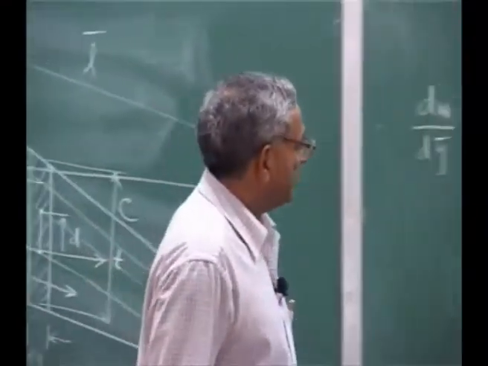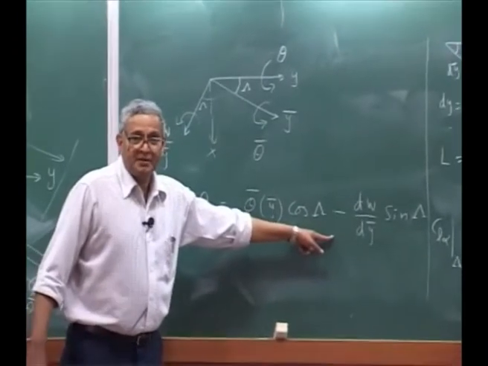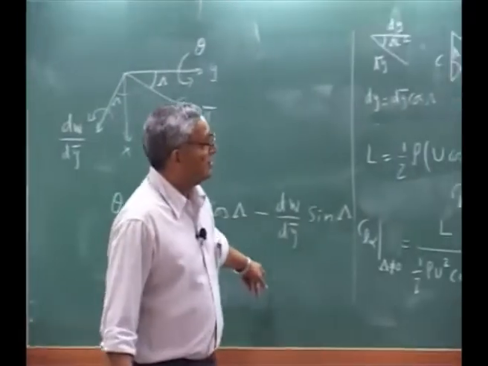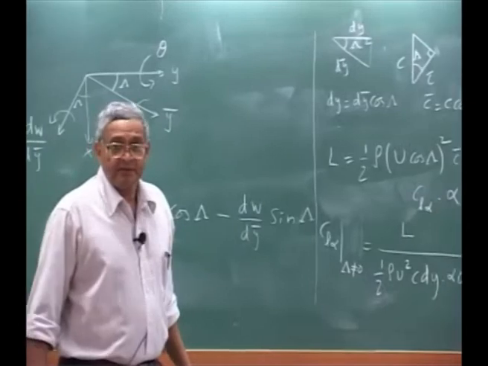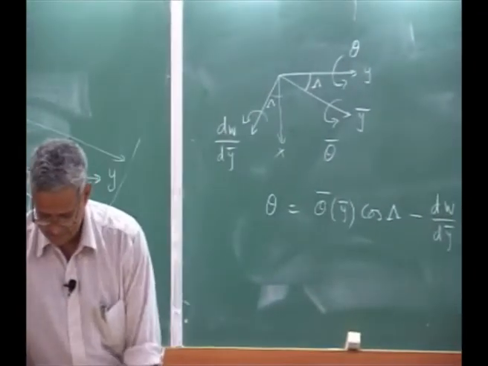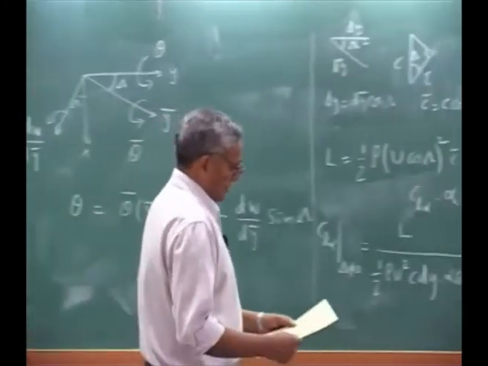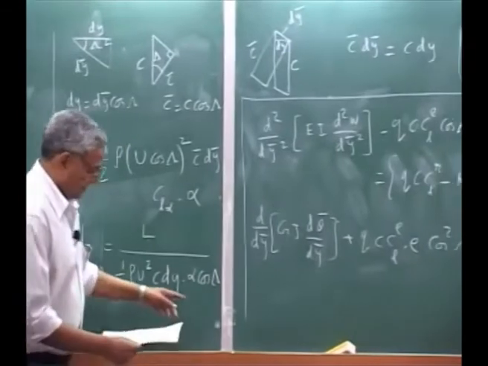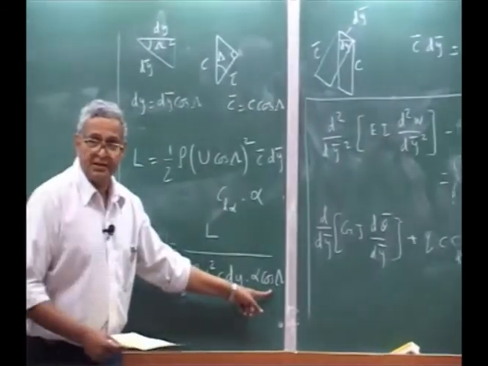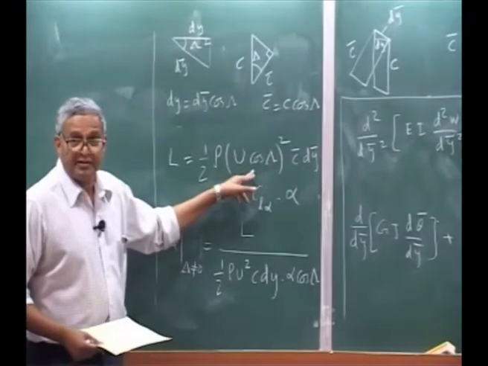Now what you have to do is, I know my theta. So in the equation, is it 1 over cos? No, it is only cos. So this cos lambda will be mu. No, see, this is the cos lambda, here cosine square.